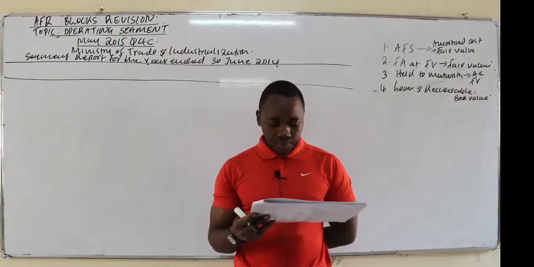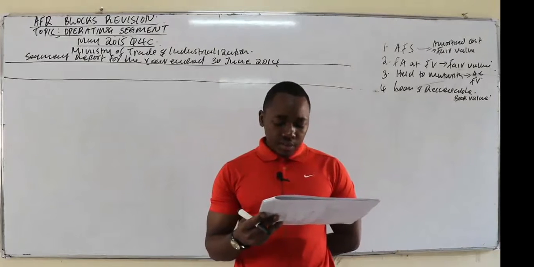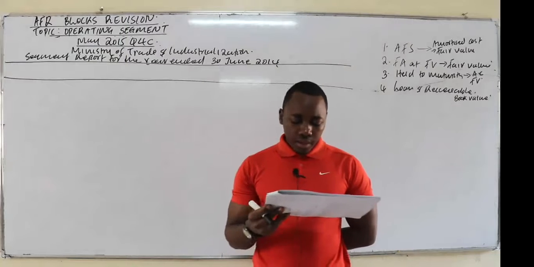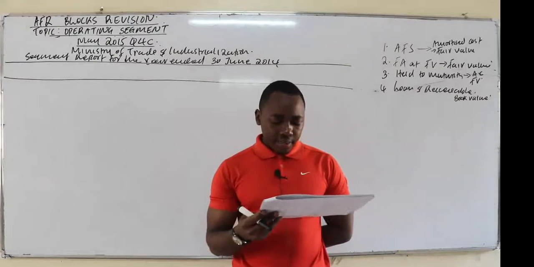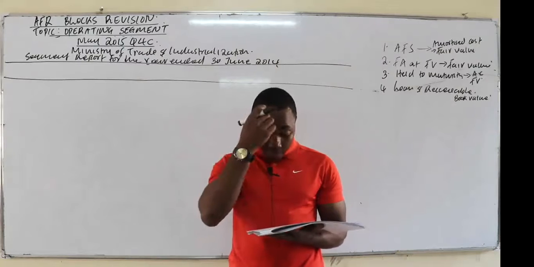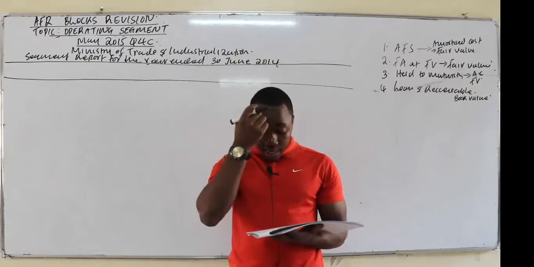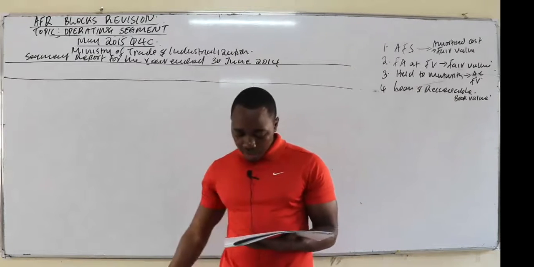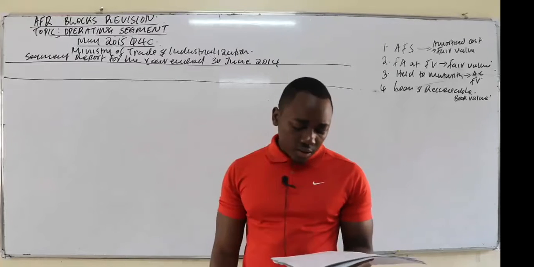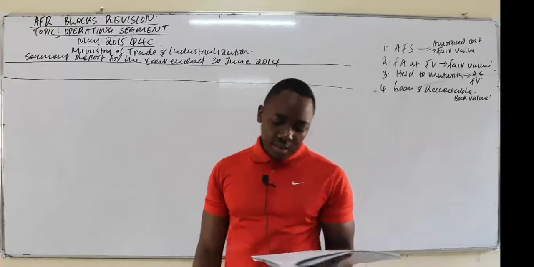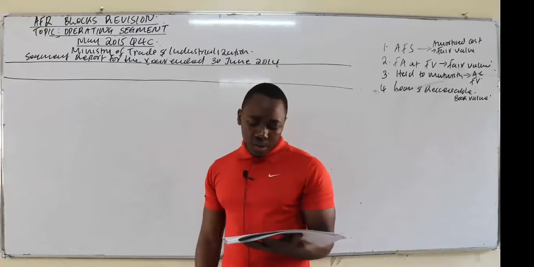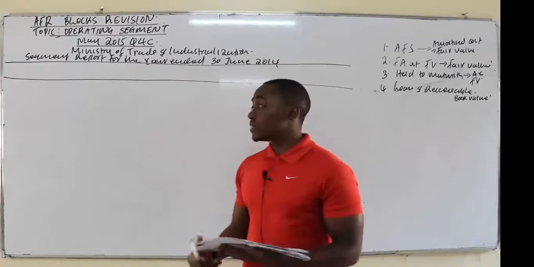Additional information. Unallocated central expenses amounted to 70 billion. Then number two, interest expense and interest revenue amount to 20 and 40. Unallocated central assets and liabilities amounted to that. Required: a segment report consistent with the requirements of IPSAS 18 for the Ministry of Trade and Industry, to be included in the financial report of the ministry.